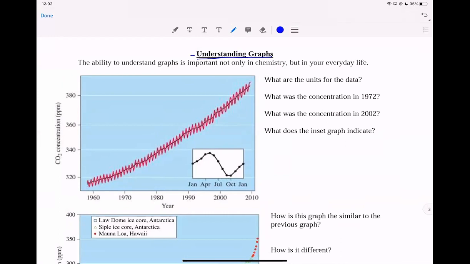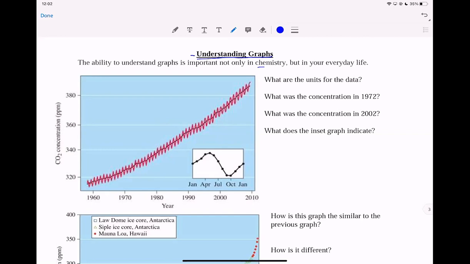And a graph can also tell you a lot of information, but you have to understand what you're looking at. So ability to understand those graphs, it's not just important in chemistry, but often you are given information like financial information as a graph. And so you want to know what that information is telling you, which is, sell your stocks or start saving more money or start spending some money because you're saving enough.